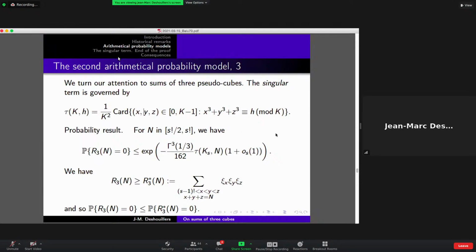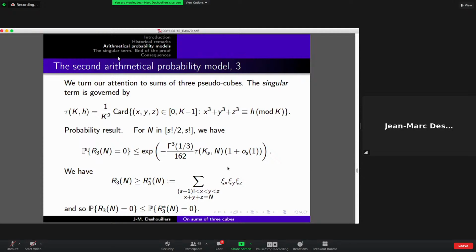Now how do we get this result? What we do is to say that R3(n) is larger than the number of x, y, z between s-1 factorial and s factorial which are sums of 3 pseudo cubes. This is because our model is by block.